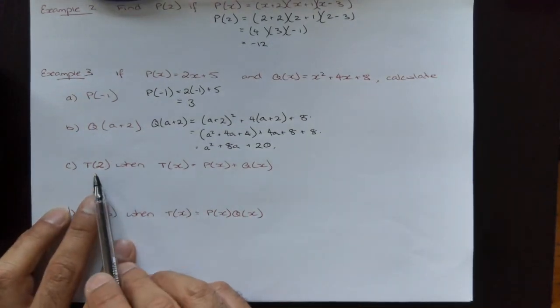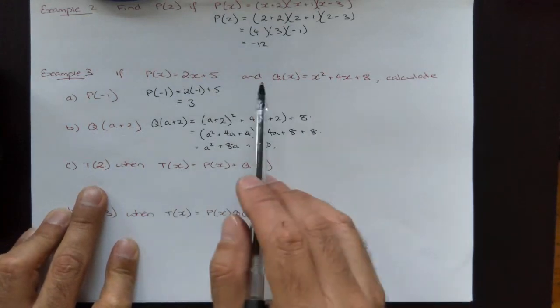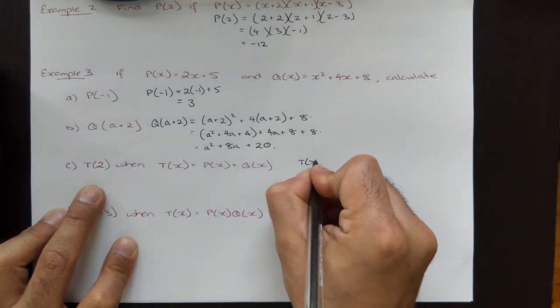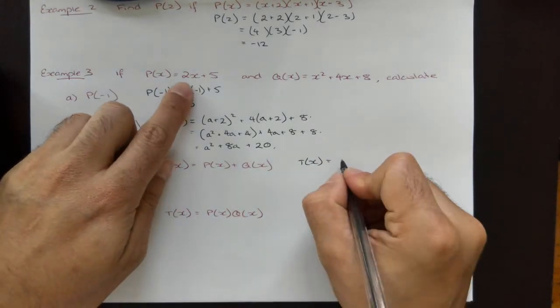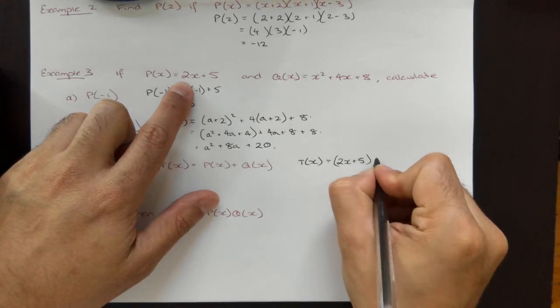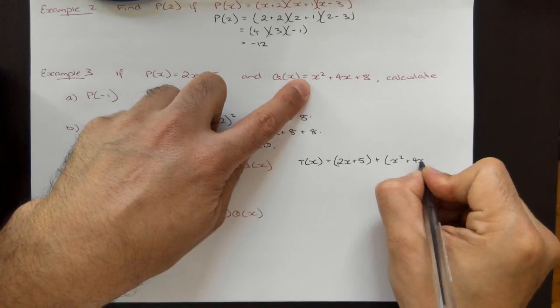Part C, we want to find T of 2 when T of x equals P of x plus Q of x. So we're going to add these together first. So P of x is 2x plus 5. And then we're going to add what Q of x is, which is x squared plus 4x plus 8.